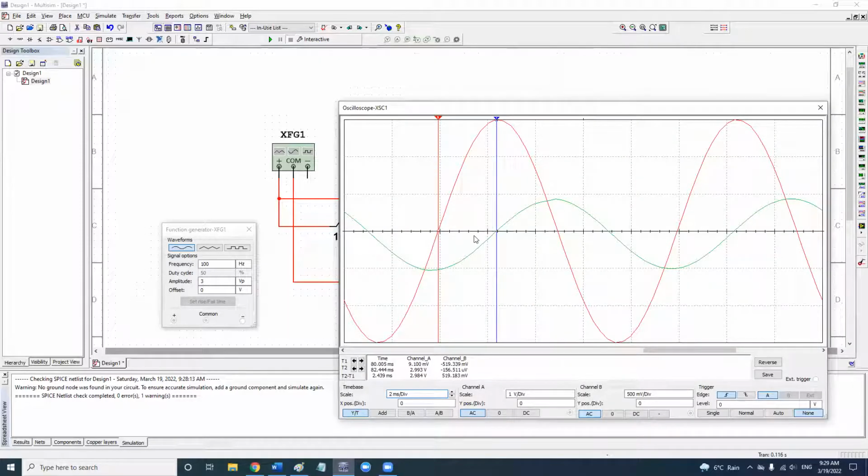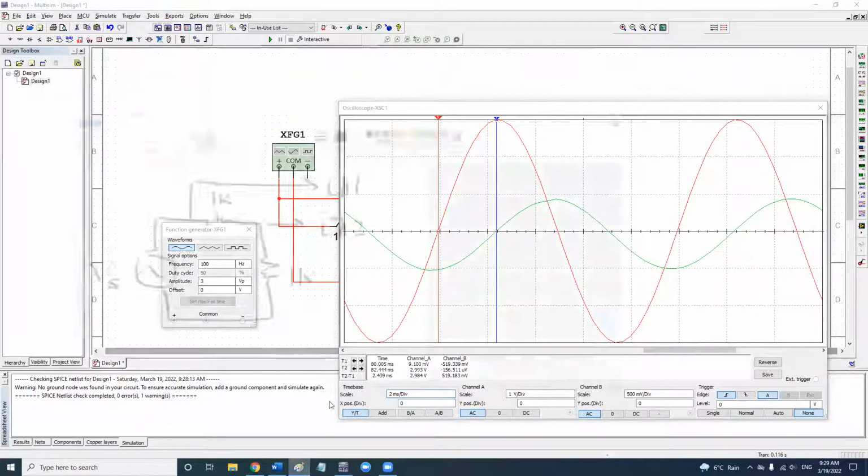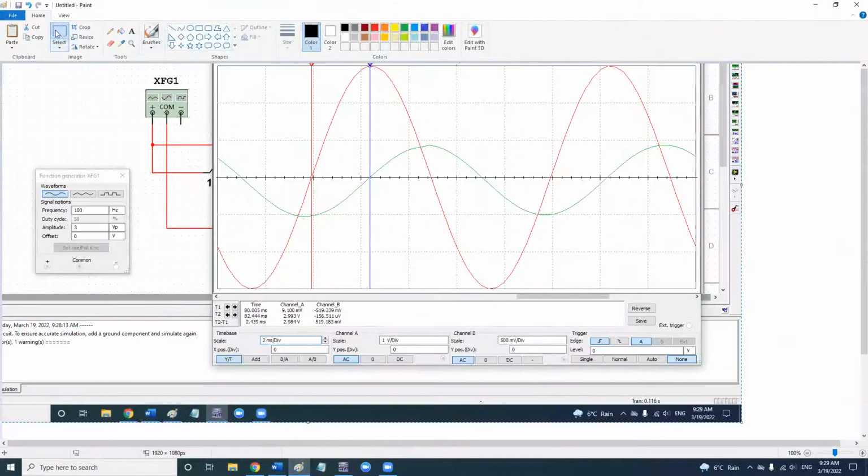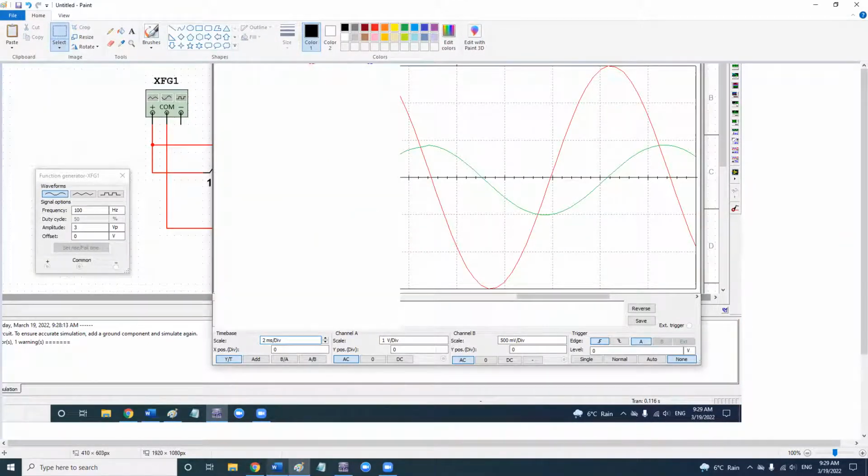So now just put it here. I'm going to record these values, which, you know what, let me just take a print screen so it's easier for you guys to understand. Okay, so this is my first part.